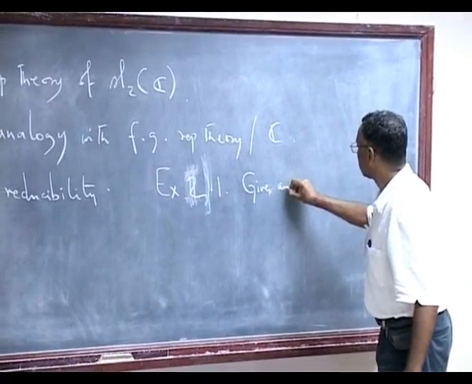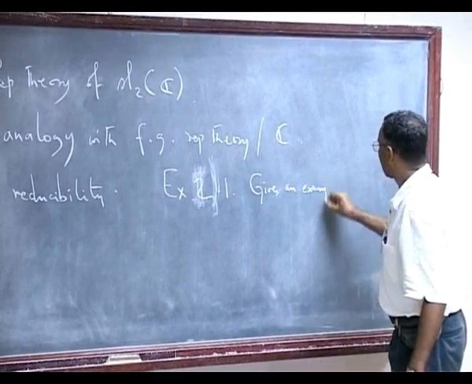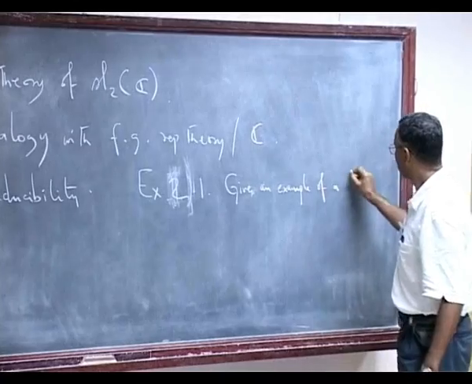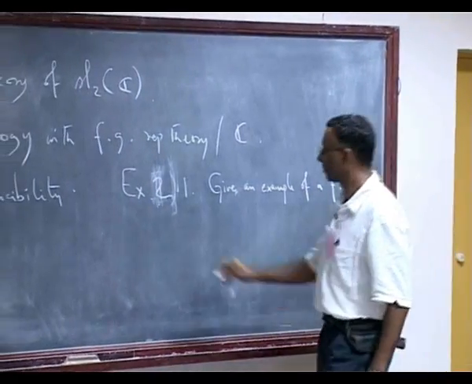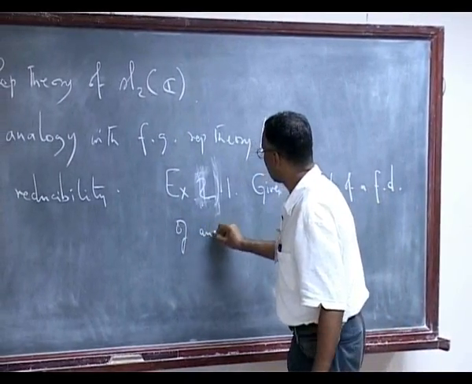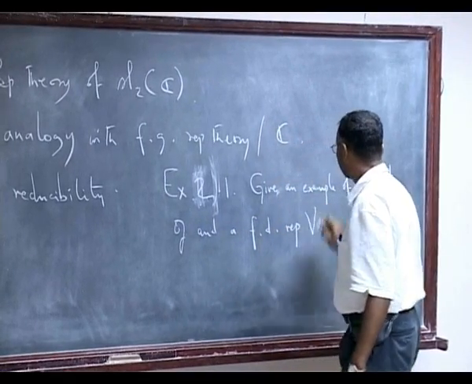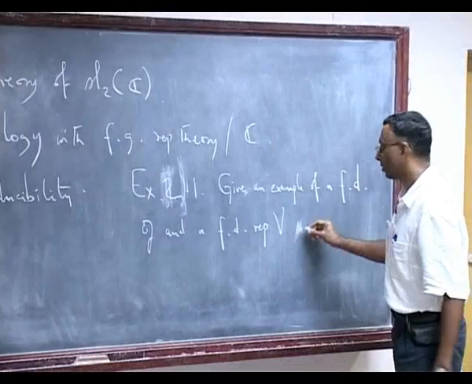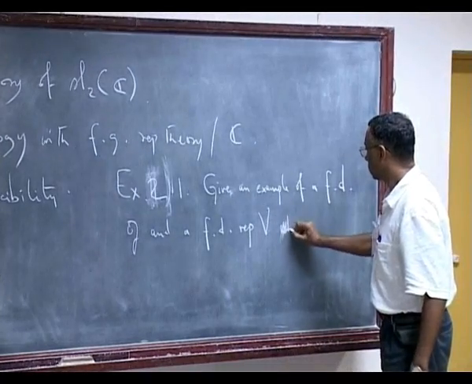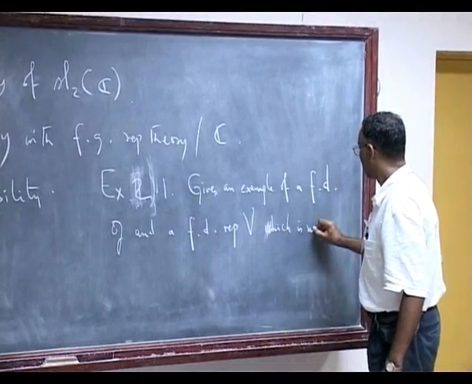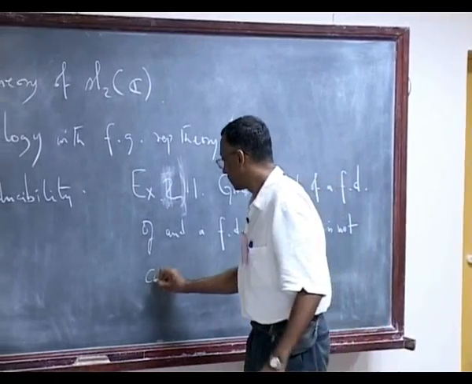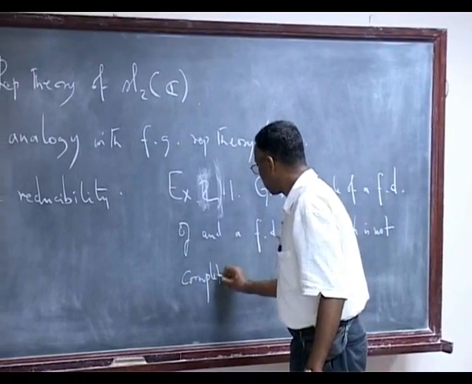Give an example of a finite dimensional Lie algebra and a finite dimensional representation V which is not completely reducible. Okay, this is not a very difficult exercise.